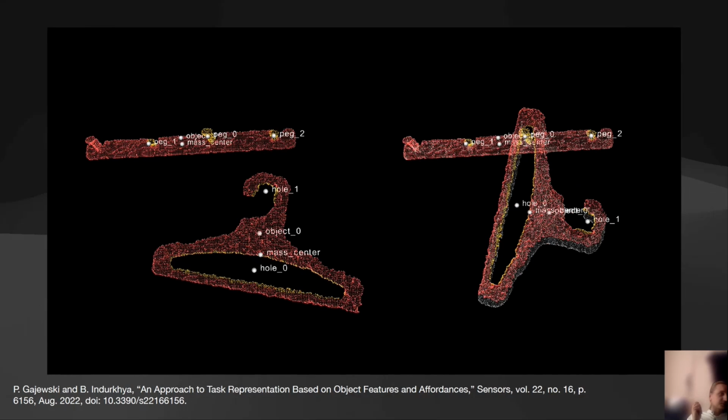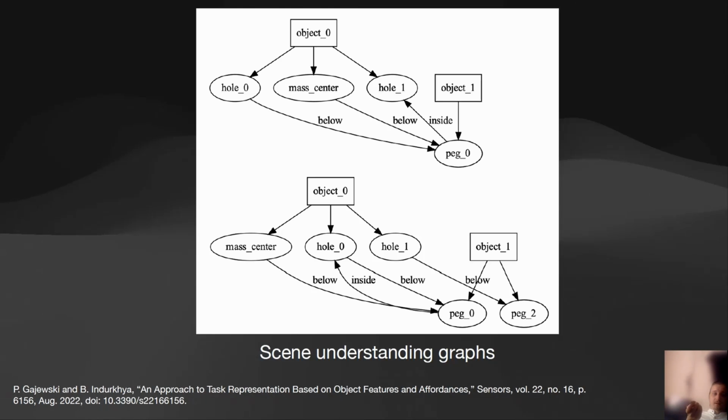Then I provide another demonstration where this time I hang it differently, using a different aperture, a different hole in the coat hanger. The system has built graphs.